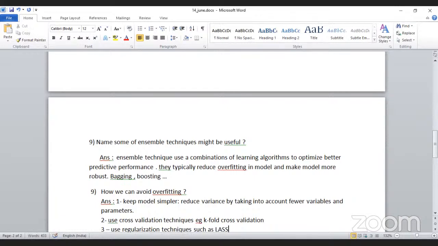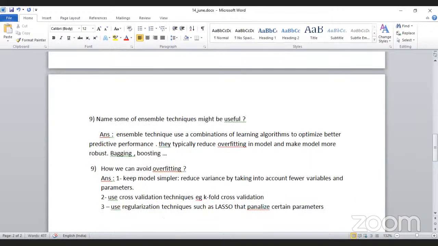What it can do is penalize certain parameters which cause overfitting in our model. So by using lasso, we can penalize those certain parameters.